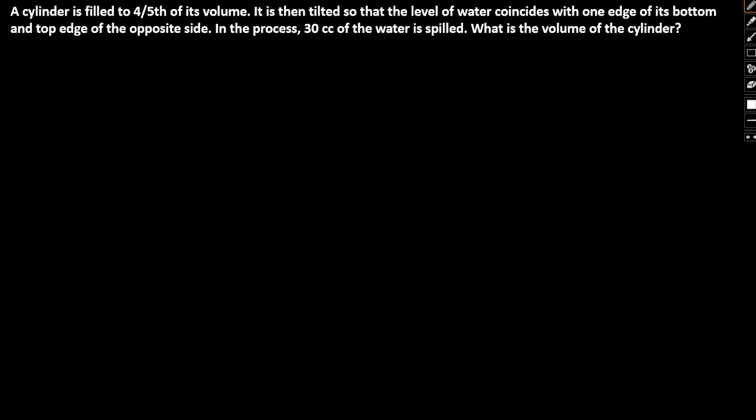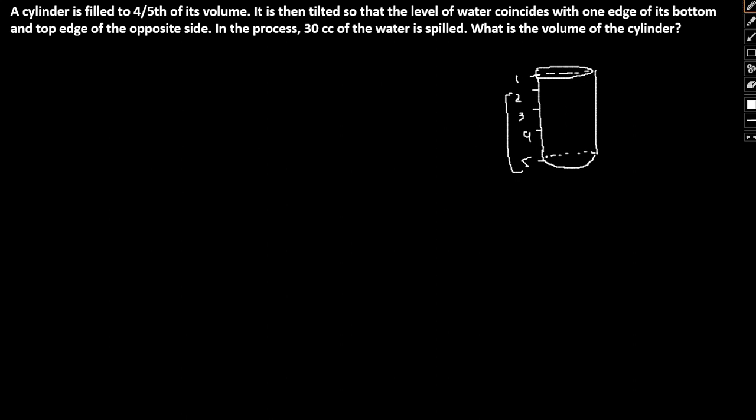Okay, so let me just give you an idea. Suppose this is the cylinder that we are talking about. So the cylinder is filled to 4/5 of its volume. Suppose it is supposed to be filled here. So suppose 1, 2, 3, 4, and this part is 5. So it is filled up to this part, 4/5 of its volume.